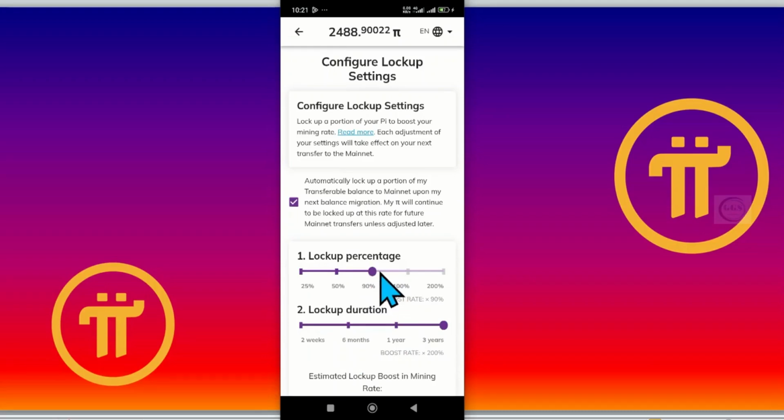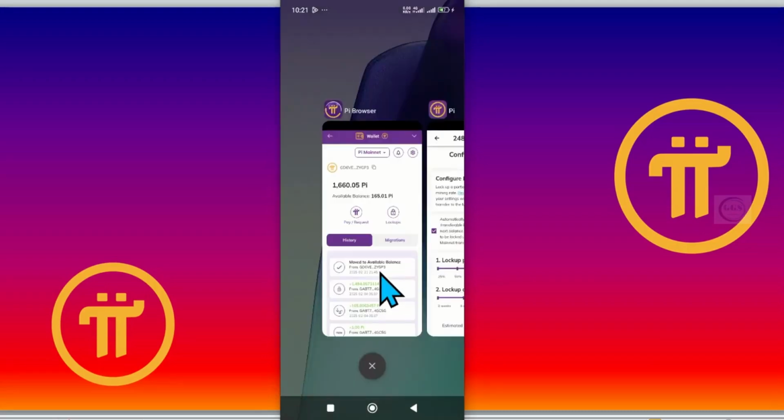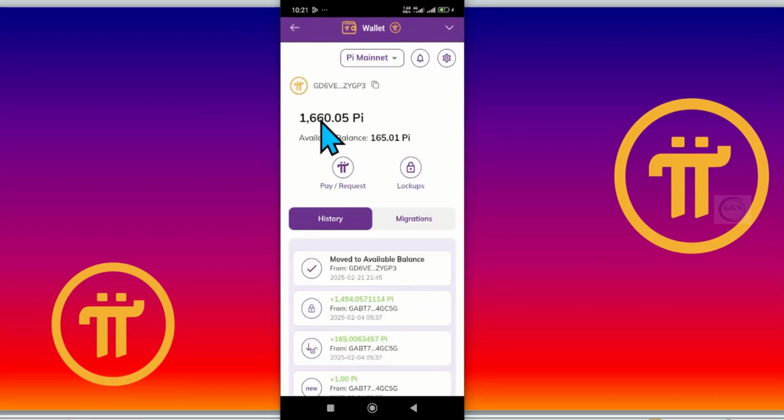Now if we go back to do the calculation, the amount migrated is 1,660 pie into this wallet. Due to the lockup configuration of this account, 90% will be locked up, while only 10% will be released.